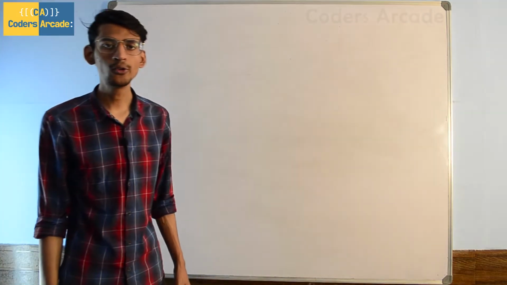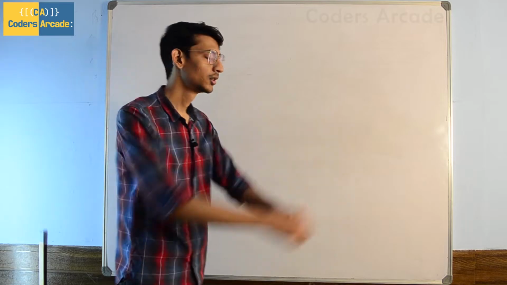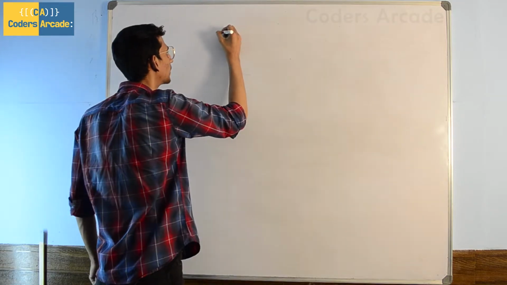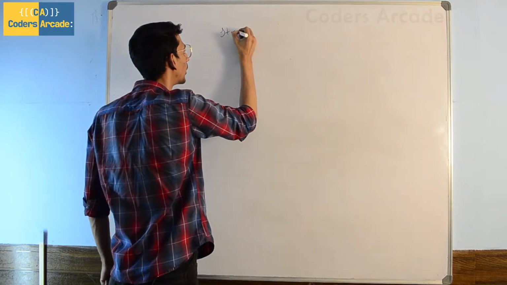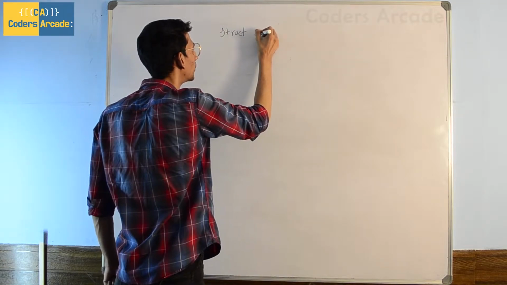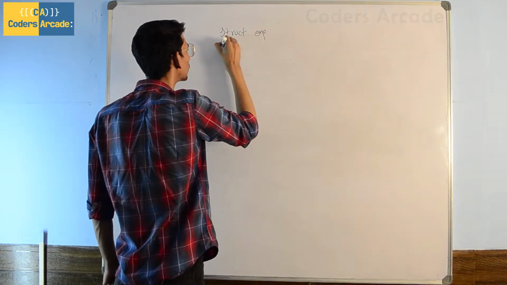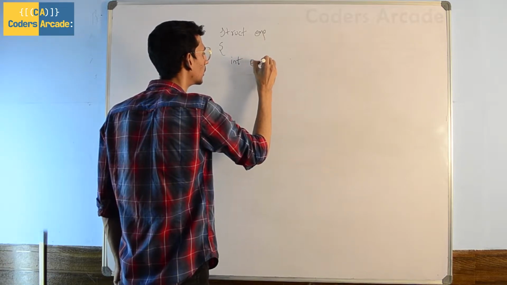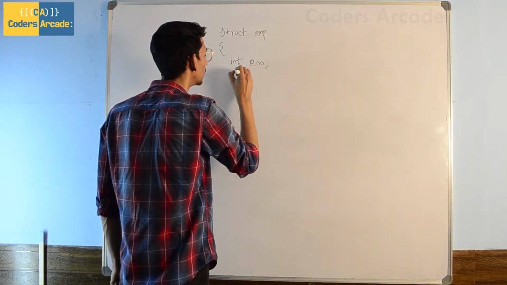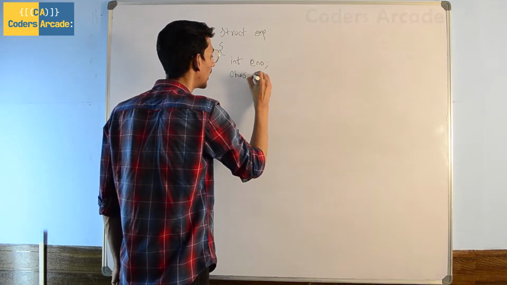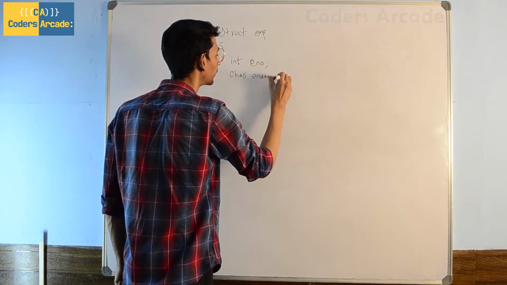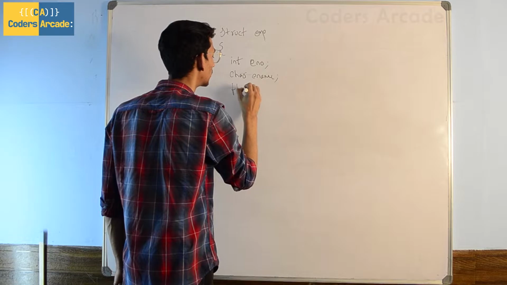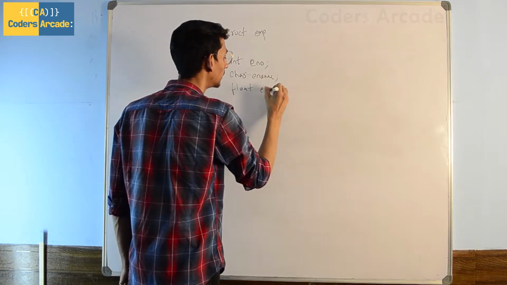Now let's see how we print the size of our structure. First we'll start by defining our structure: struct employee, int enumber, char ename, and float esalary.